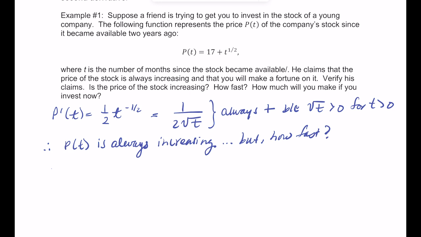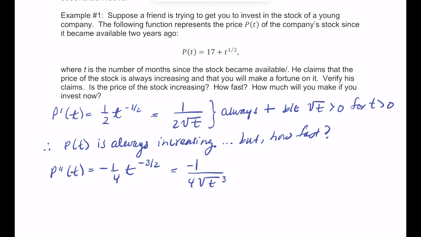All right, so if I was to take that function and now find the second derivative, I'm just going to take the derivative of my derivative. If I apply the power rule, I would get negative 1/4 t to the negative 3/2, which we know we can write as negative 1 over 4 times the square root of t cubed.